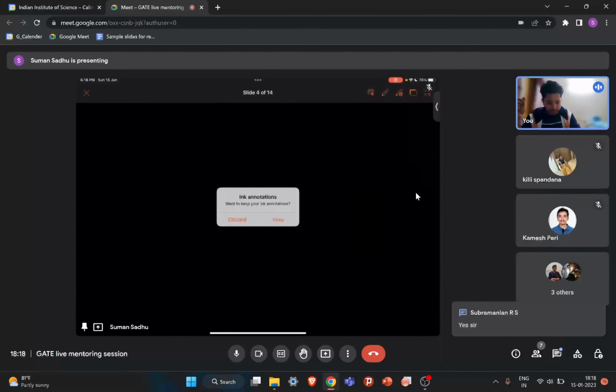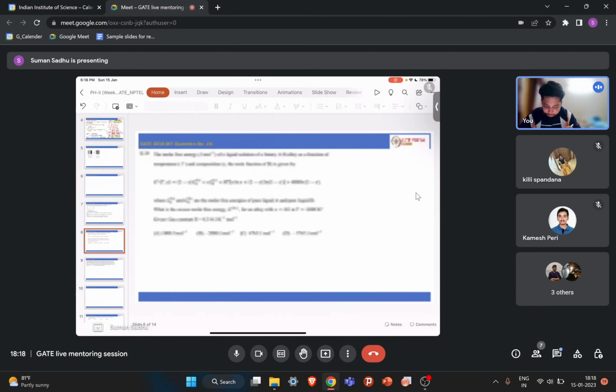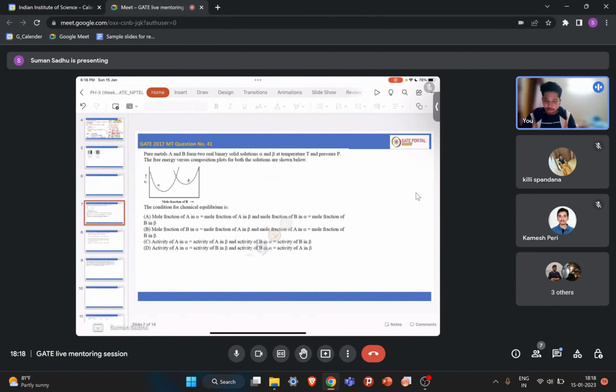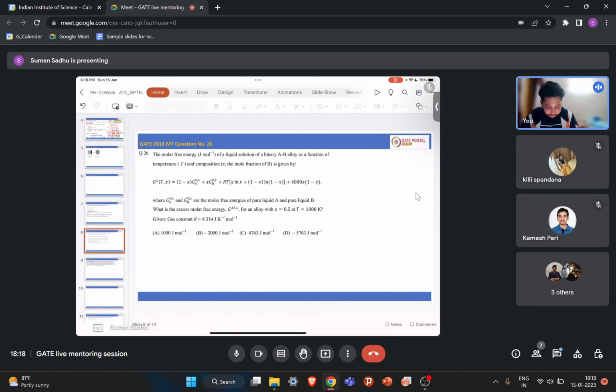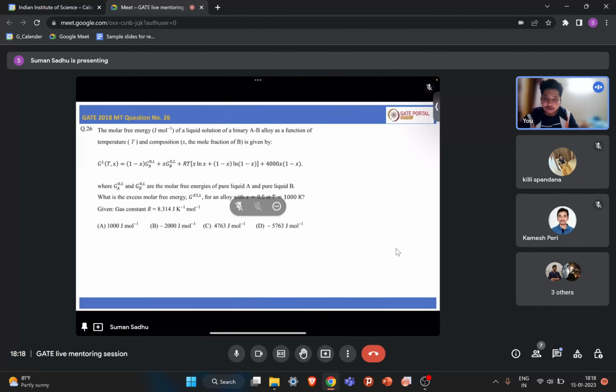Okay. So let us see for the next question also, we have to see how to draw the free energy versus composition diagram. This question also I will come back to after some time, and this question also we can now solve. So this is question number 26 of GATE 2018.